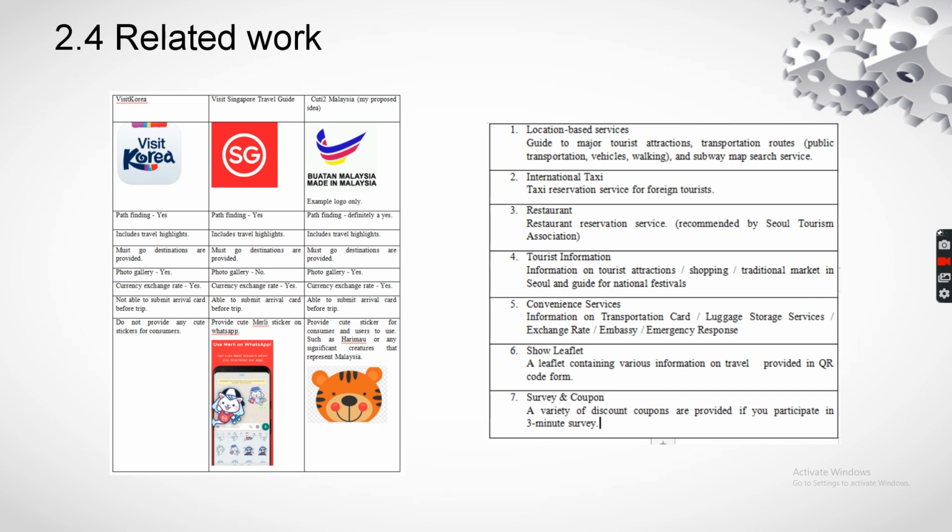The second one is the international taxi. They reserve taxi service for foreign tourists. The third one is restaurant. They have the restaurant reservation service. And here we have tourist information, convenience service, show left let, and survey coupon.